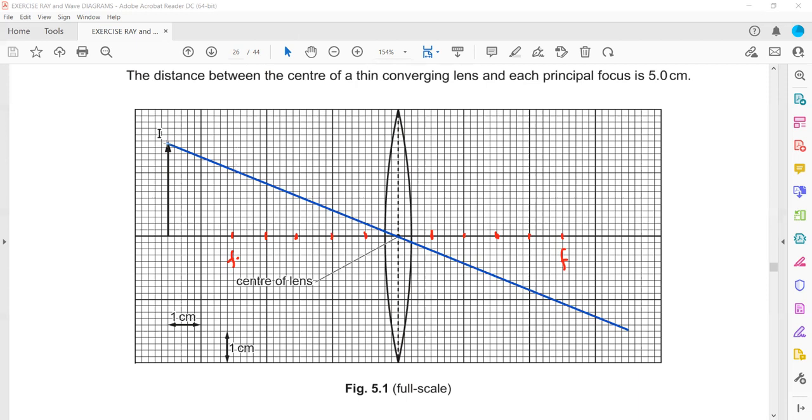And the other one, which is parallel, will pass through the focus. The distance between the thin converging lens and the object, each focus is marked. We have to label and identify the ray which is passing through the focus, because the one which is parallel will pass through the focus.